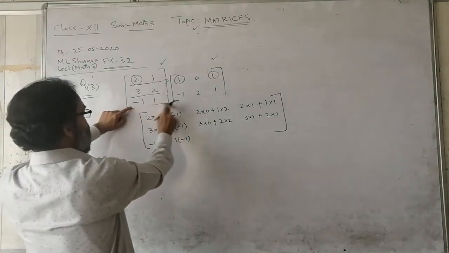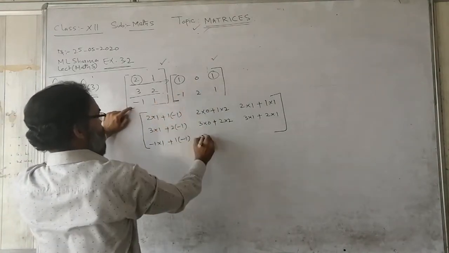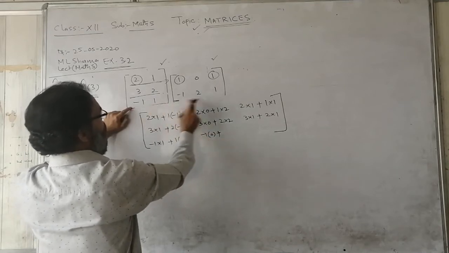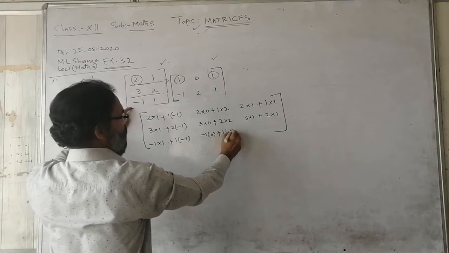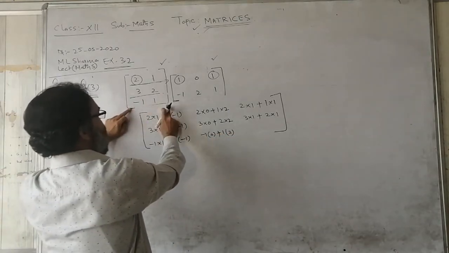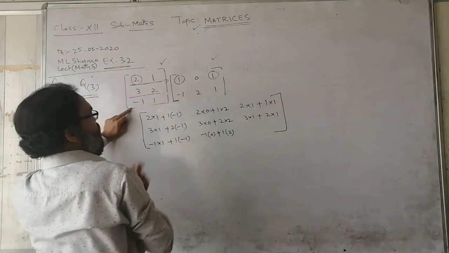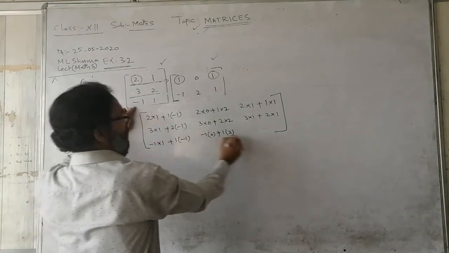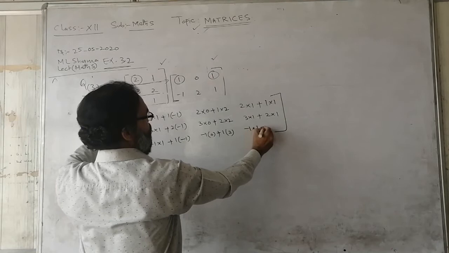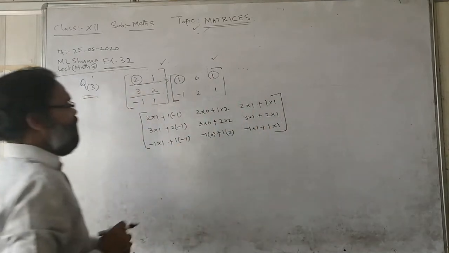Then this row R3 multiplied by C2: minus 1 into 0 plus 1 into 2. And lastly this row R3 elements are to be multiplied by column C3. So minus 1 here multiplied by 1 plus 1 multiplied by 1.